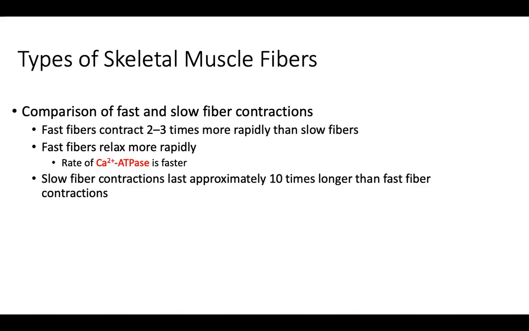So the difference between fast fibers and slow fibers is not only found in their rate of myosin ATPase activity, that is their rate of cross-bridge cycling, but also there's a faster rate of calcium ATPase activity, which is their rate of relaxation as well. So they can contract faster, they can also relax faster, and they can move in general much faster than slow fibers.